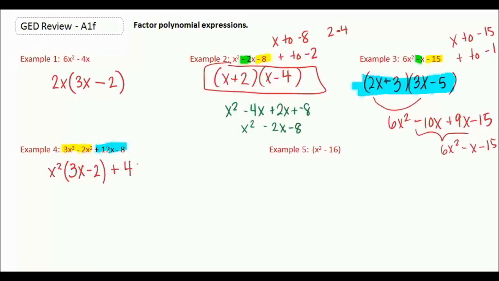I could pull out a 4, which means I'd have 3x left, and I'd have a 2. And now from each of those sets, we actually pulled out the same binomial. So what we're allowed to do is say one of our factors is 3x minus 2, and then we combine our extra stuff together. So we're going to multiply that by x squared plus 4.